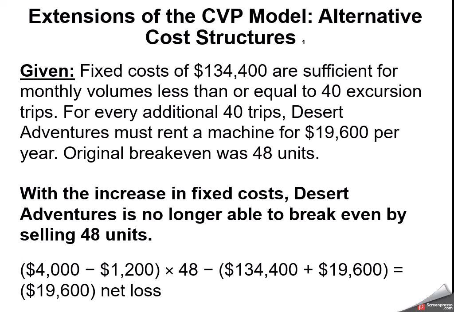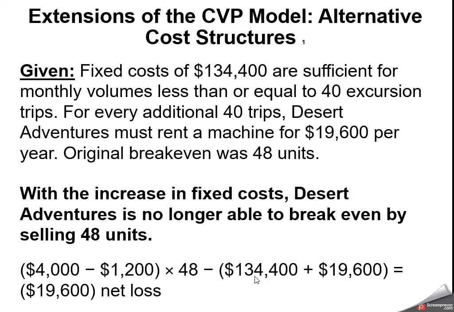All right, so now we have, again, if there are changes in our fixed expenses, because again, our cost structure is what's the fixed versus the variable. So if our fixed costs are sufficient for monthly volumes less than or equal to the 40 excursion trips, for every additional 40 trips, they must rent a machine for $19,600 per year.